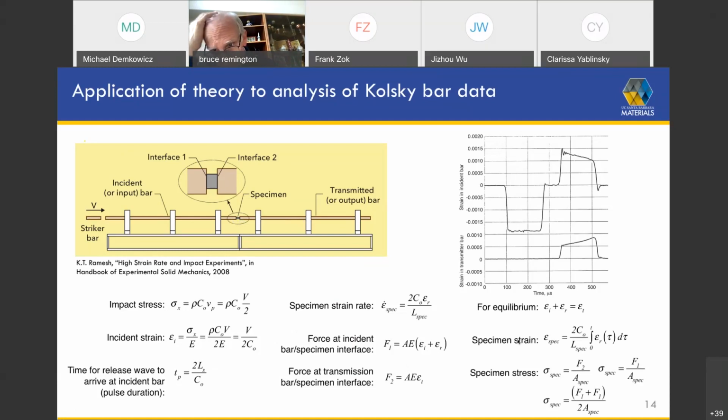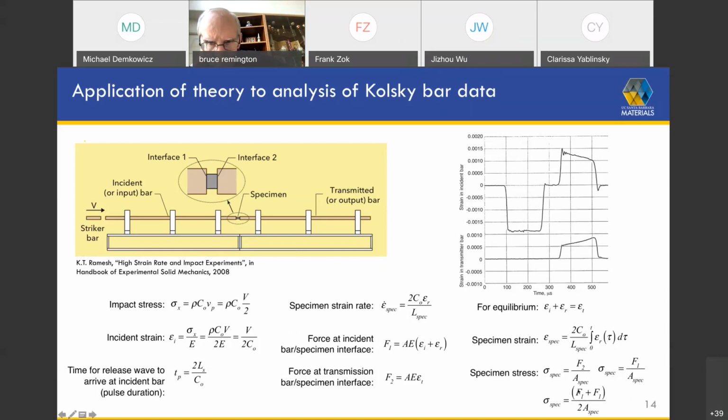And that, in turn, if we set these equal to one another, we get this relationship between the sum of the incident and reflected strain in the incident bar and the strain in the transmission bar. Okay. From this, by looking at the displacements from the strain measurements, we can work out the specimen strain. And then we can work out the specimen stress in a number of ways.